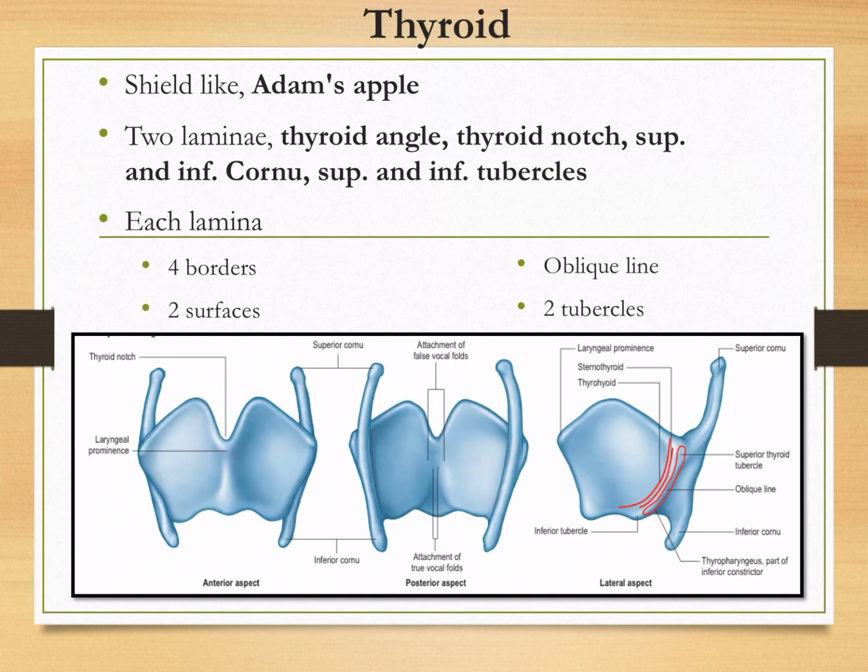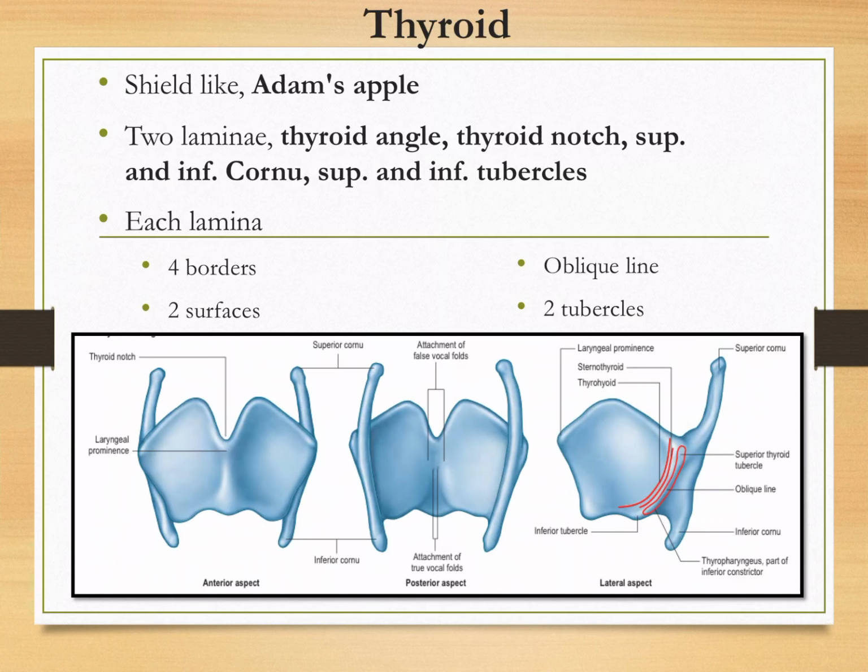Both these laminae meet in the midline via their medial borders, and where they meet there is a V-shaped notch that is known as the thyroid notch, and this also protrudes slightly anteriorly, forming what is known as the thyroid angle. That is what they actually call the Adam's apple. It is more prominent in males, where the angle is 90 degrees. In females it is less prominent, the angle is probably 120 degrees.